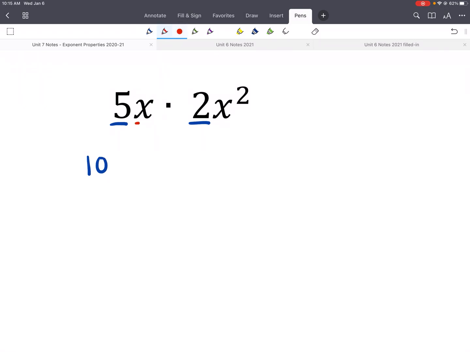And then for the x, the first x, that's just 1x. And then for the other x, we have x squared, so that's 2 x's. So how many x's do we have in total? We have 3, so that would be 10x to the 3. So I'm just going to write that here so we can look at that a little better.